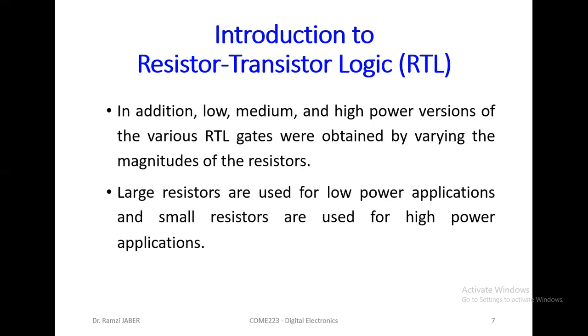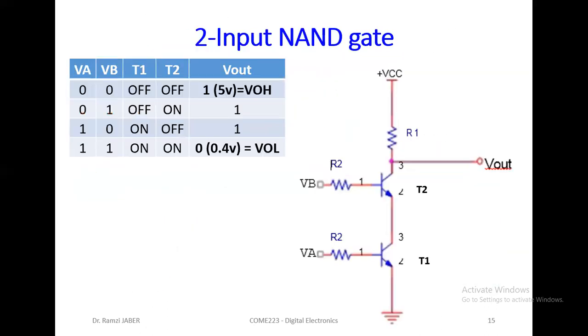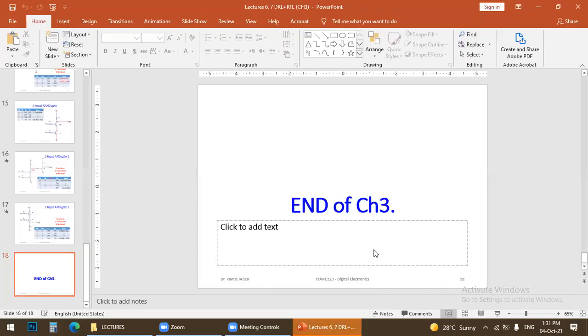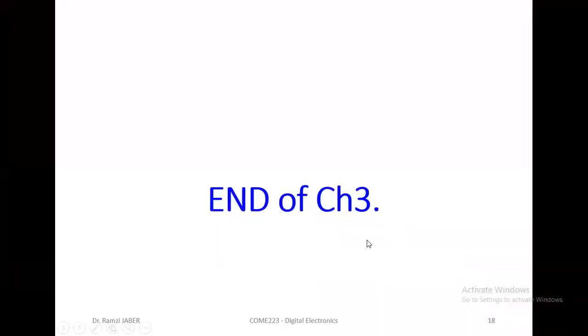So as a summary of chapter 3, the RTL BJT transistor is recommended to be used in analog circuits for electronics engineers and for communication engineers, not for computer engineers, because we are computer engineers.